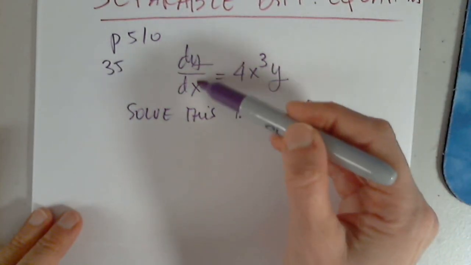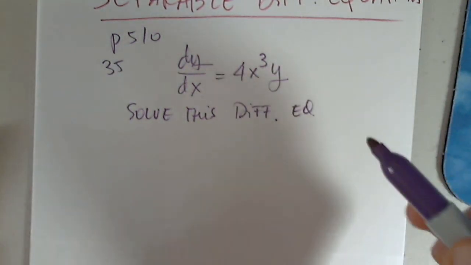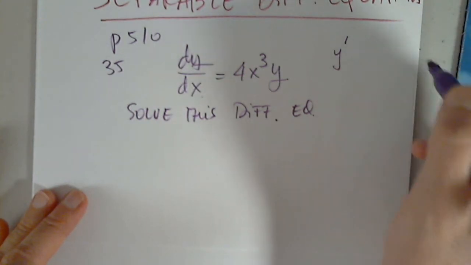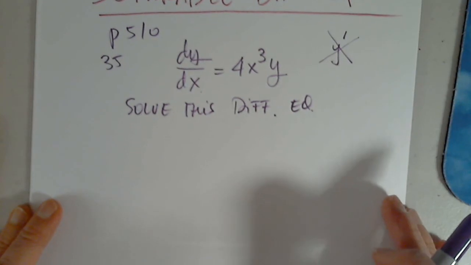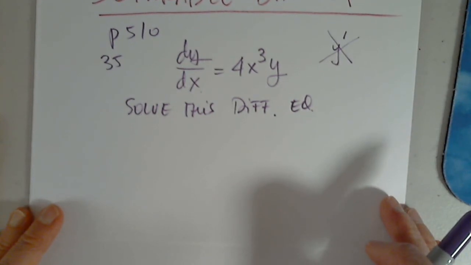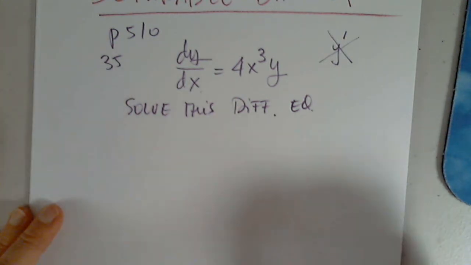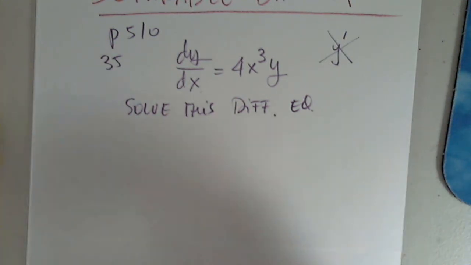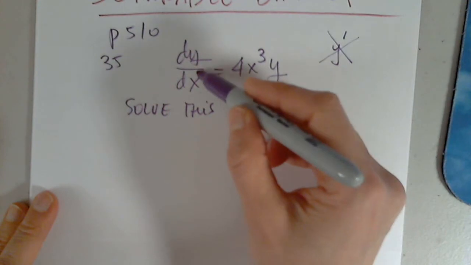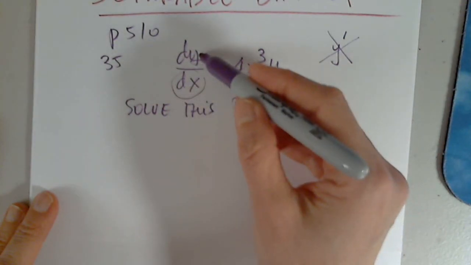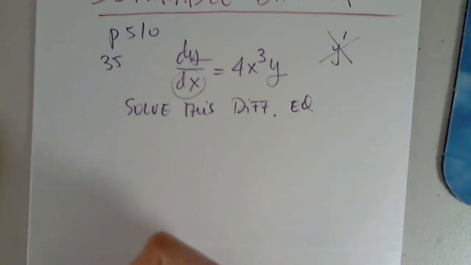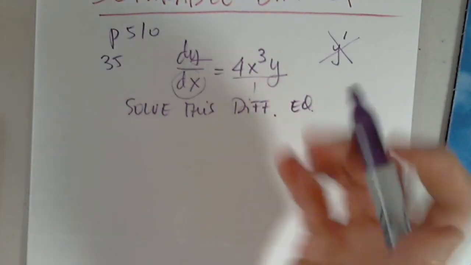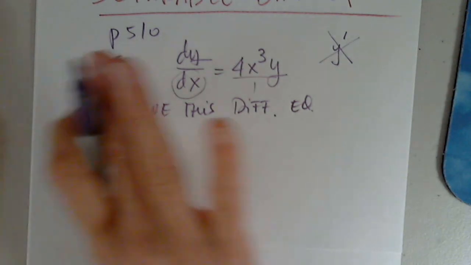As you see, dy over dx, we know that that is nothing else but y prime, but in this case, we're going to treat it as two separate differentials in order to solve the differential equation we have here. In other words, dx will be separated from dy.